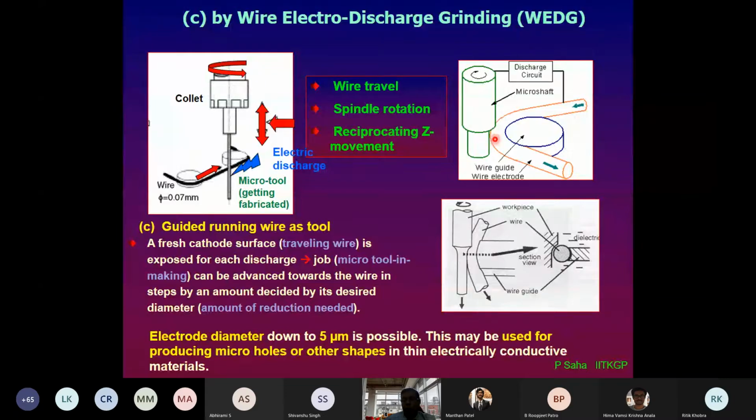Even if, due to the discharge, this micro shaft is eroded to form the step, it is fine, and a little portion of the wire also will be eroded, but we are not bothered. Why? Because it will move past the area, be taken up by the take-up spool, and never be used again.